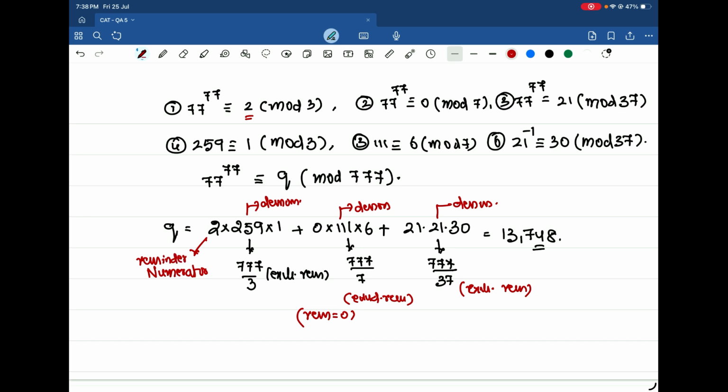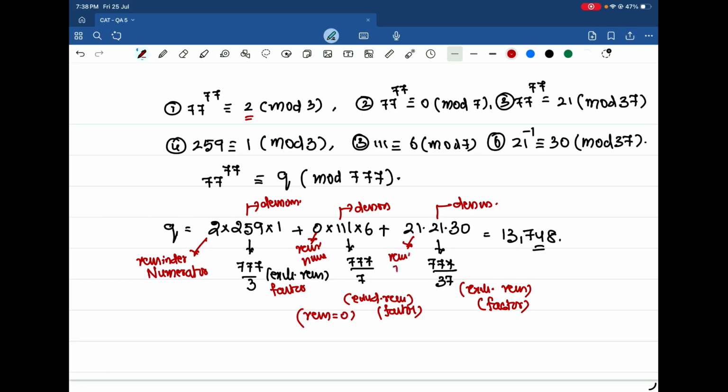It is the factor in the denominator. This is factor denominator. This is remainder numerator.